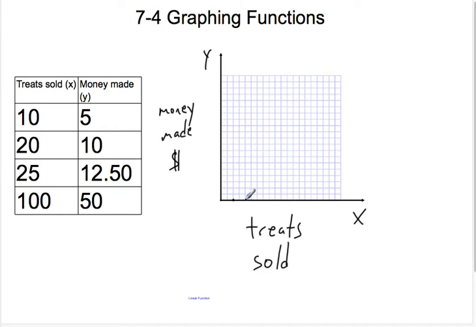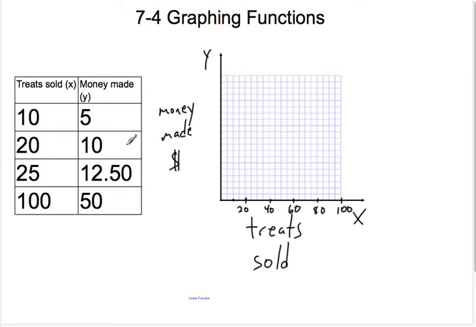Now these are pretty small grid lines, so obviously I can't write 5, 10, 15, 20. There's just not enough space. So every grid line is 5, but I'm just going to mark every 20. 1, 2, 3, so this will be 40. 1, 2, 3, this will be 60. 1, 2, 3, that'll be 80 and 100.